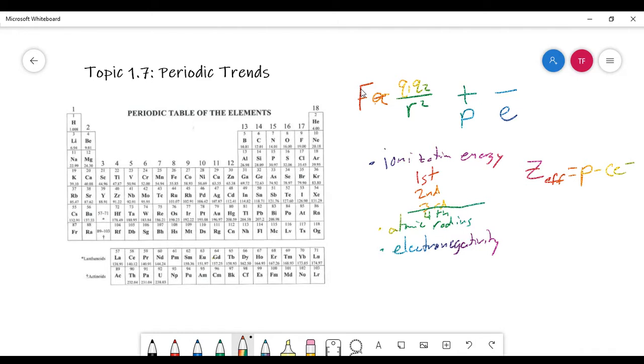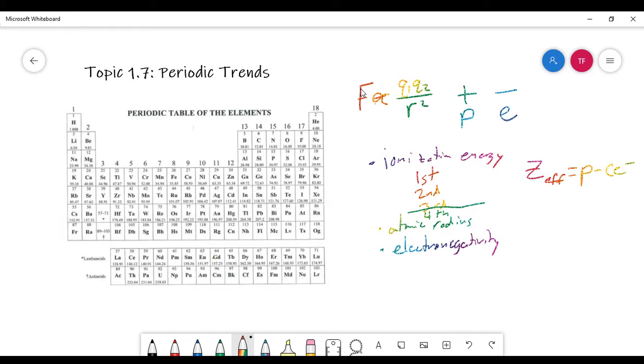And our last trend, electronegativity, is the attraction an atom has for an extra electron. So if you think about what we talked about already, as you go across a period on the periodic table, there is a higher effective charge, stronger force of attraction to the nucleus. And that means an extra electron is going to be more strongly attracted to atoms on the right side of the periodic table with a high effective charge than they are to the left side of the periodic table with a low effective charge.